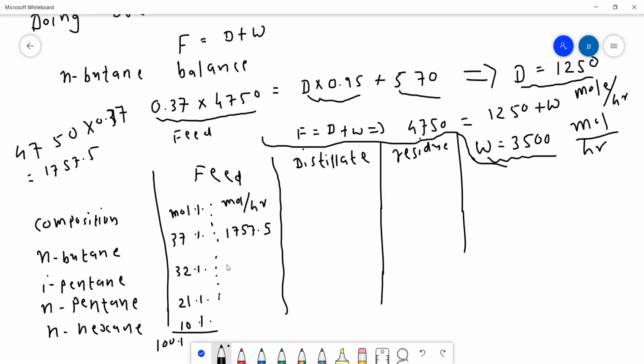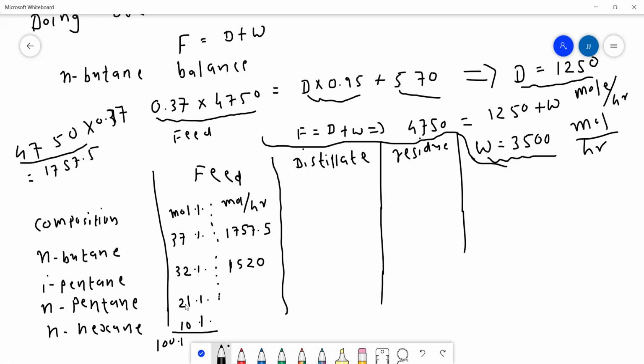Similarly, you get 0.32 multiplied by 4750, so you will get 1520.